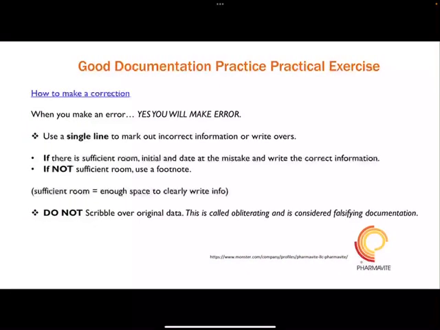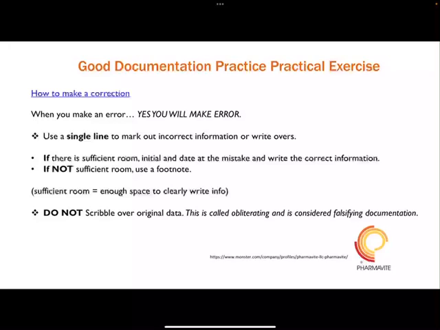Because you will make an error, because we're all human, you need to know how to correct it. Use a single line to mark out incorrect information or write-overs. If there is sufficient room, meaning enough space to clearly write the needed information, you will initial, date at the site of the mistake and write the correct information in the same space.